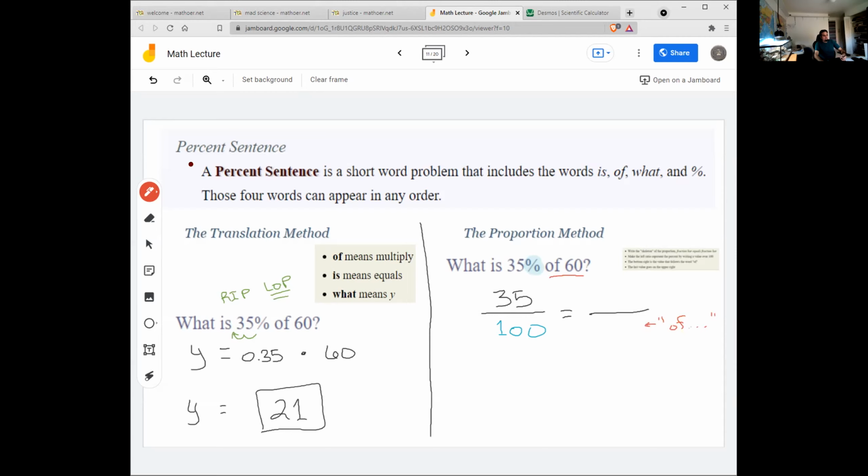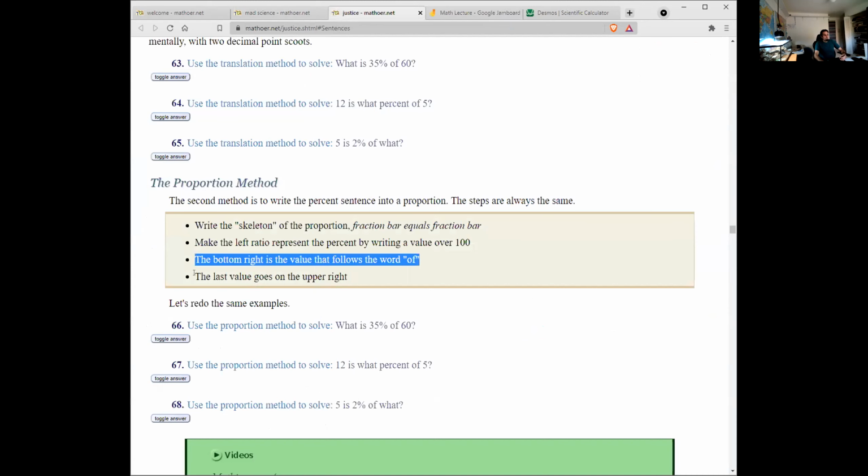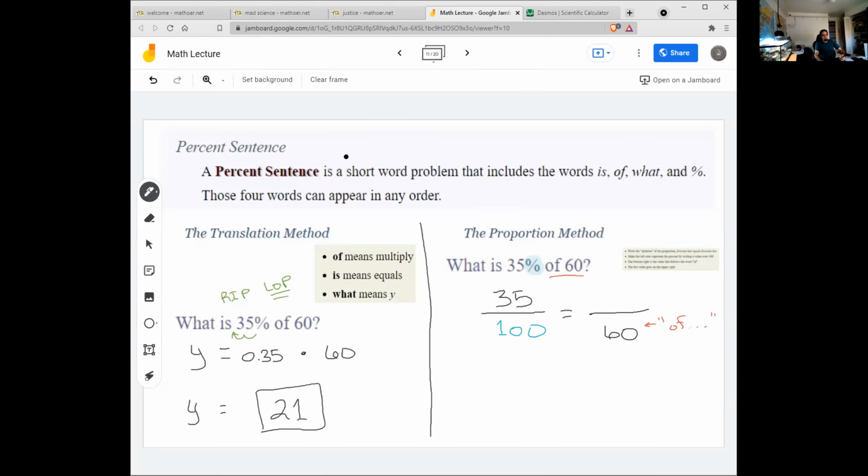So of 60. Then there's something we haven't used yet. The last thing we haven't used goes in the top right. In this case, the thing we haven't used is the what. So that's what we'll put here.